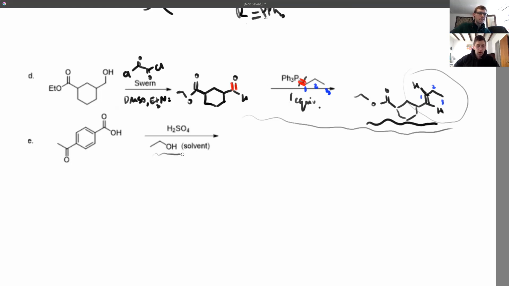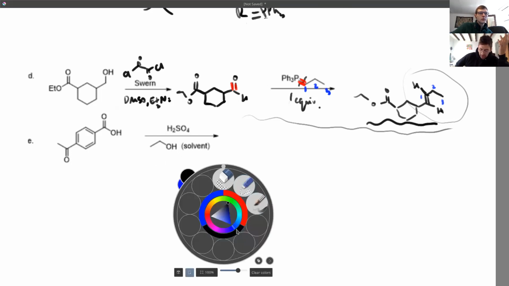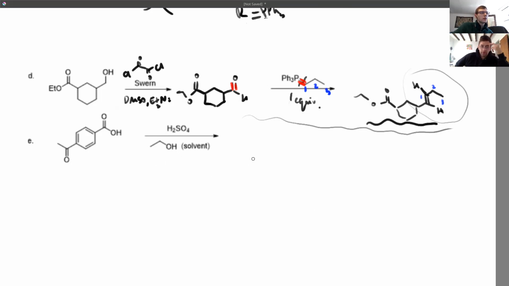We would have our carbonyl oxygens attack the proton, which then allows a nucleophilic attack by the oxygen of that alcohol. So we're basically going to end up forming acetals. And since it's solvent, we have plenty of it.